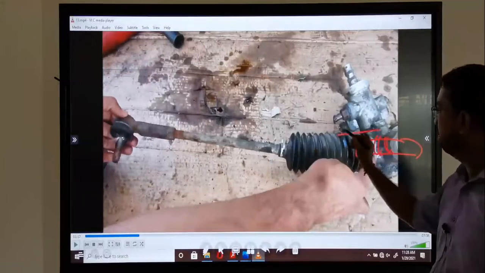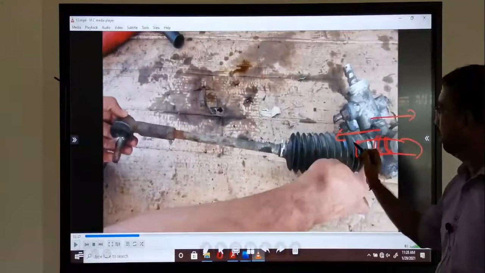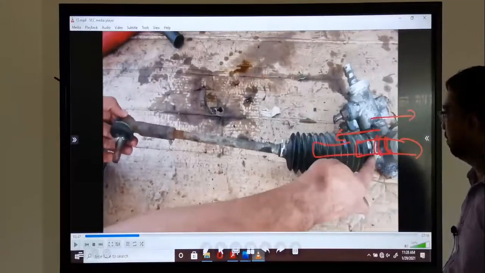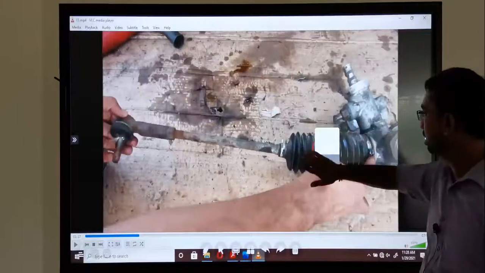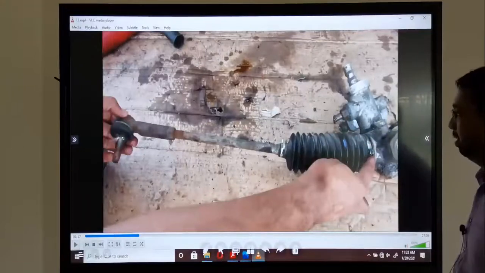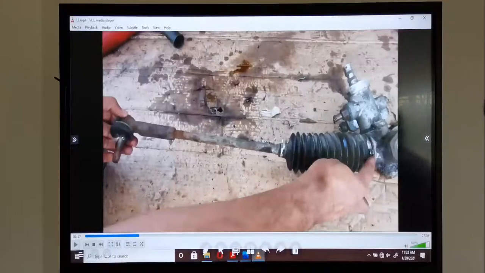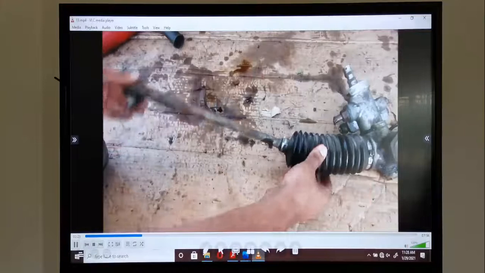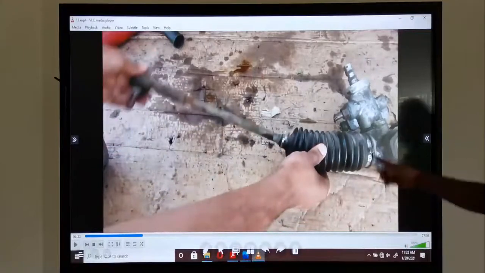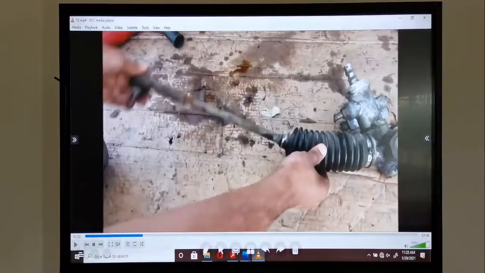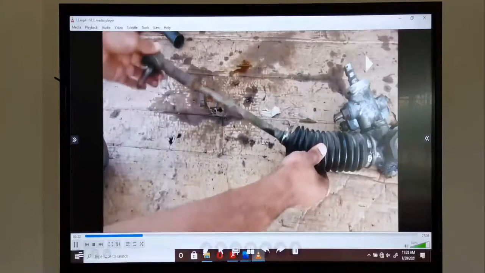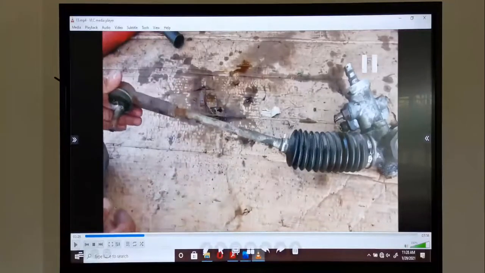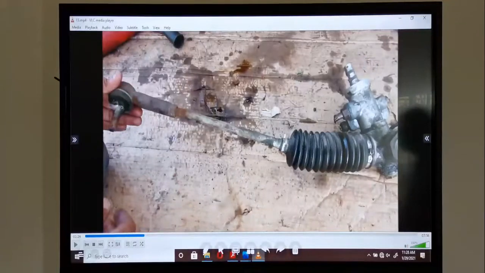This rack rod moves this way or that side, left and right, so it is covered by this rubber. There is some flexibility because of suspension conditions. It can move flexibly because of the suspension. So the suspension system is assisted with this steering system.